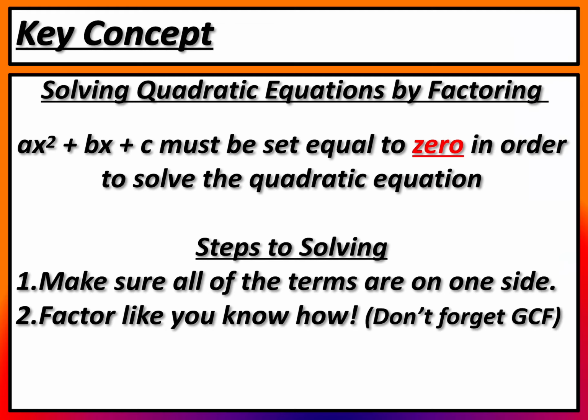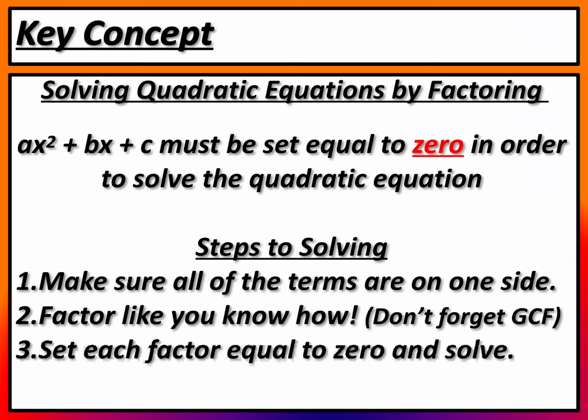So we could do grouping, we could do magic, difference of squares. These are all methods for factoring. Now, once we do that, we're going to set each factor equal to 0, and we're going to solve for x. And that will give us the same result as if we created the graph and looked for where it crossed the x-axis.